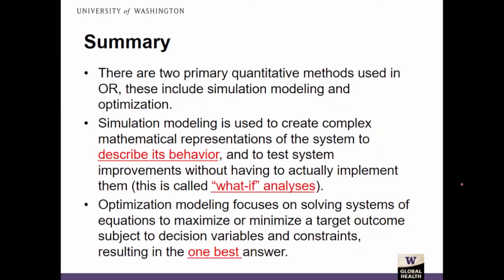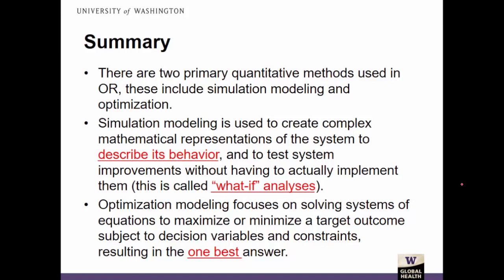Again, we talked about 2 main quantitative methods used in operations research. These include simulation modeling and optimization. Simulation modeling creates a complex representation of the system to describe its behavior, often it's such a complex system that you can't just solve it through a system of linear equations.